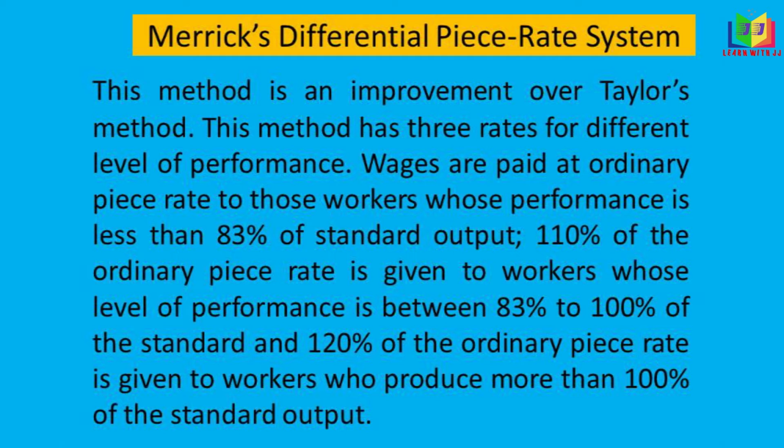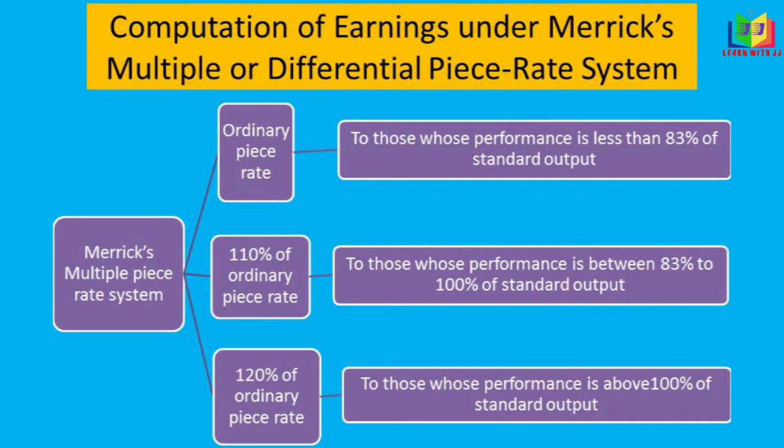Here the comparison is between the standard output and the production of the employee, and we have to find out the percentage of performance of the employee, and then based on that the wages are paid. In Taylor's method the piece rate system is classified into two; here it is classified into three. This is the computation of earnings under Merrick's multiple piece rate system.